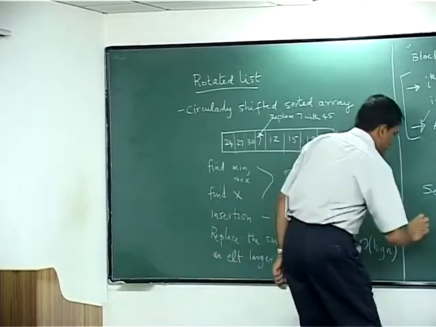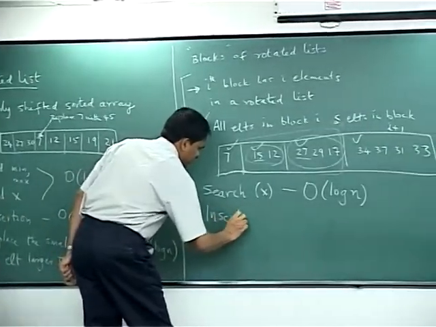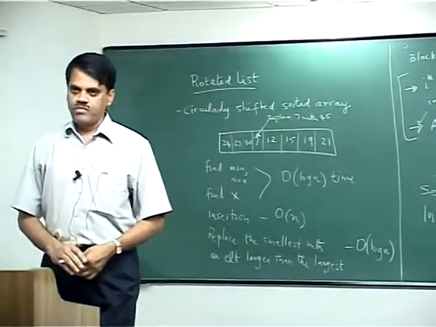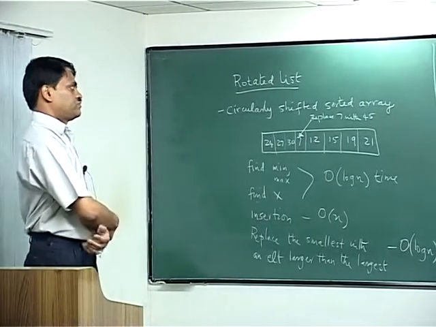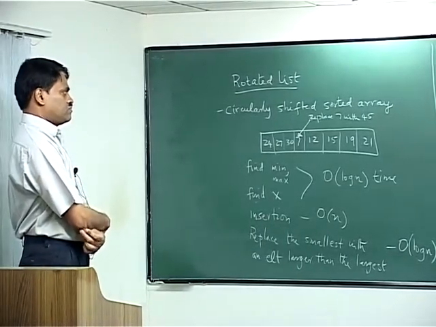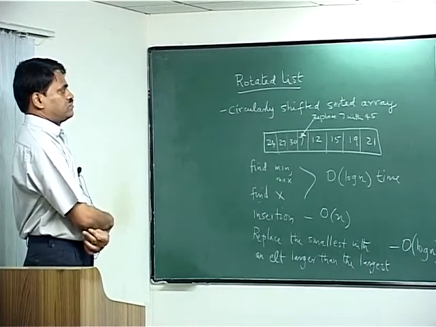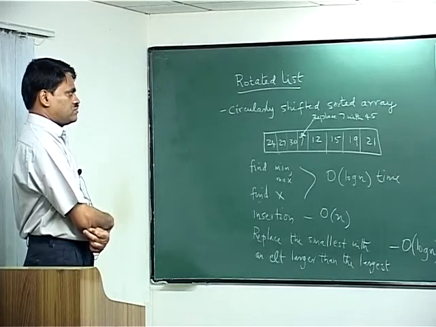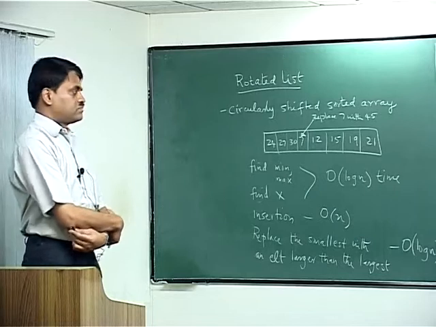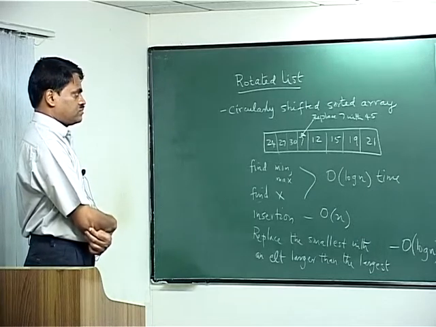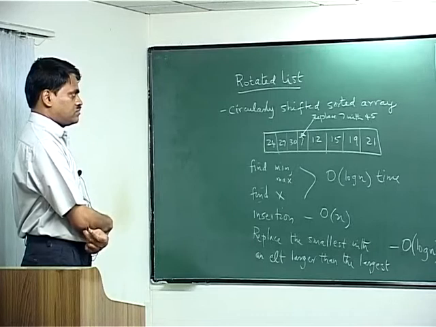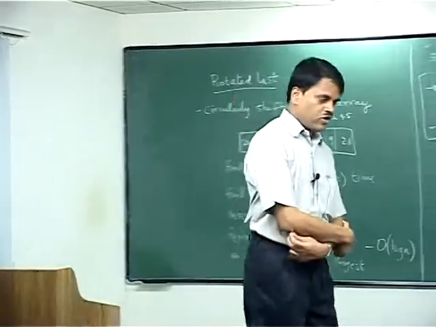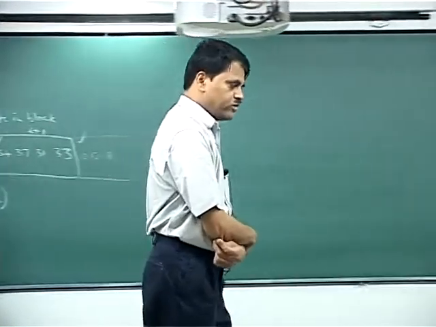Okay. Now, let us talk about insert. Delete is going to be very similar. Now, I want to insert 23. How do I insert 23? So, I find out which block where I should insert. What do I do?